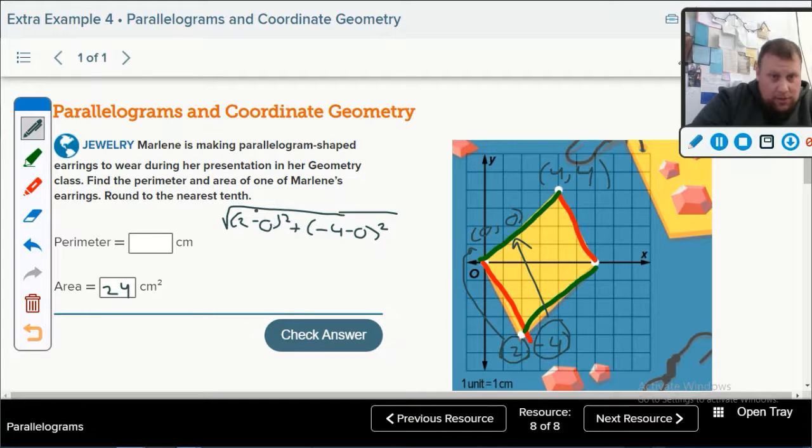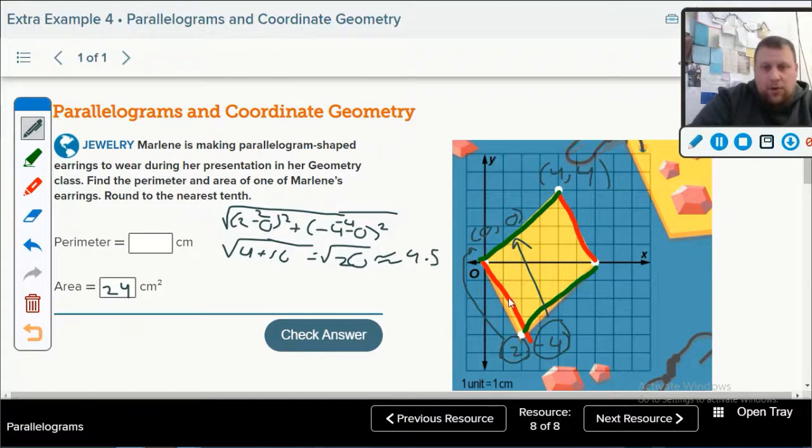And 2 minus 0 is 2. Negative 4 minus 0 is just negative 4. 2 squared is 4, plus negative 4 squared is positive 16, which equals the square root of 20, which I am going to round to the nearest tenth, and that comes out to approximately 4.5.